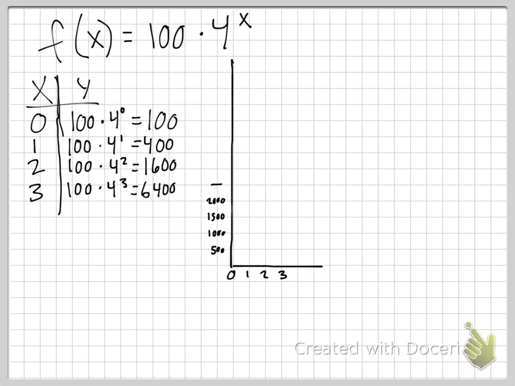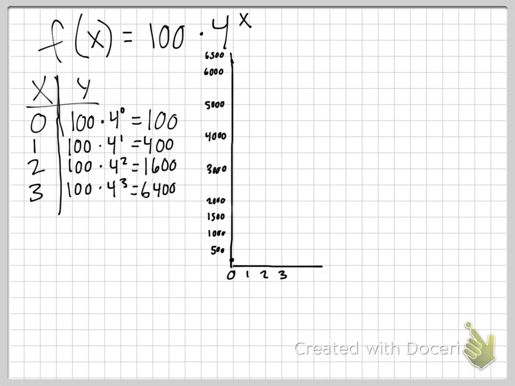So this would be 2,500, this is 3,000, this would be 3,500, so this is 4,000 right here, and this is 5,000 right here. So this would be 6,000 right here, and this would be 6,500 at our top.